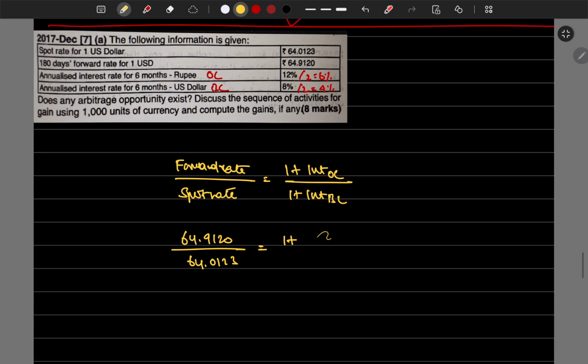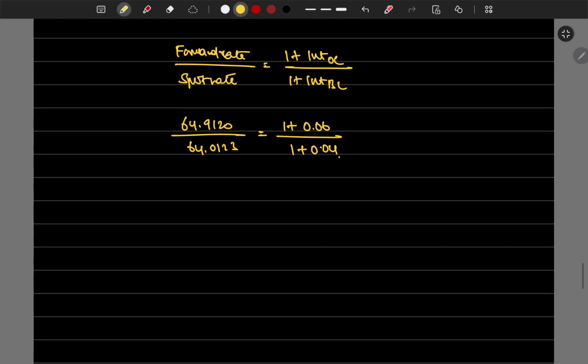So 1 plus 0.06 divided by 1 plus 0.04. Total is 64.9120 divided by 64.0123, which is 1.0141, and 1.06 divided by 1.04, which is 1.01923. So this is not equal, so it denotes that the arbitrage opportunity exists.